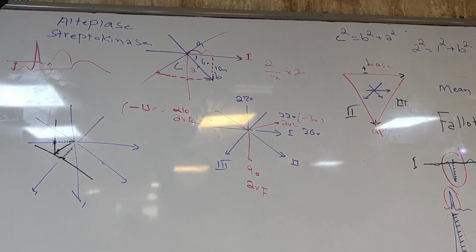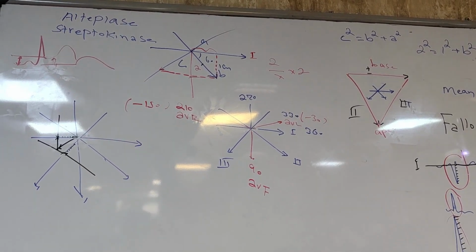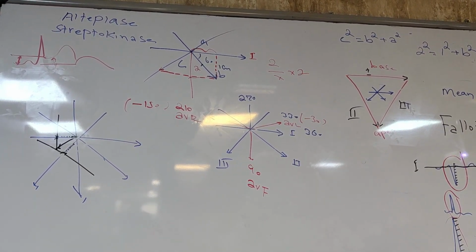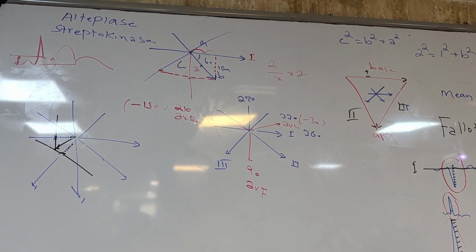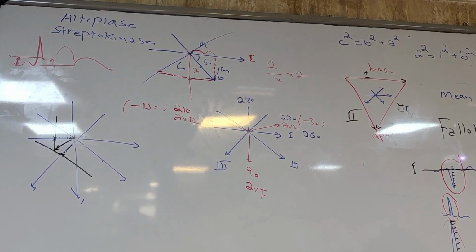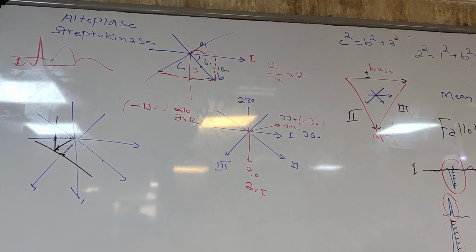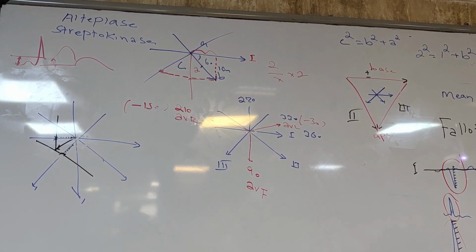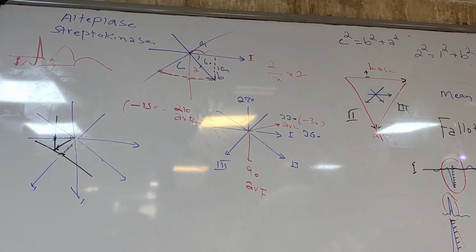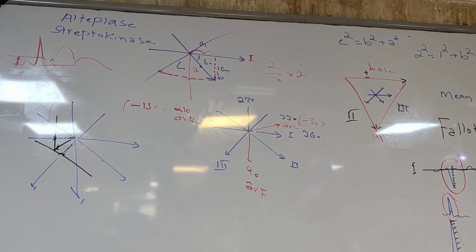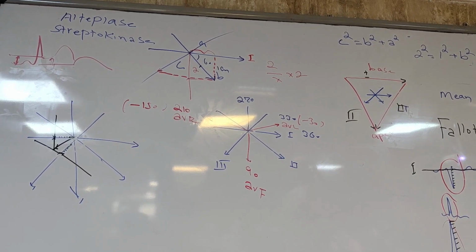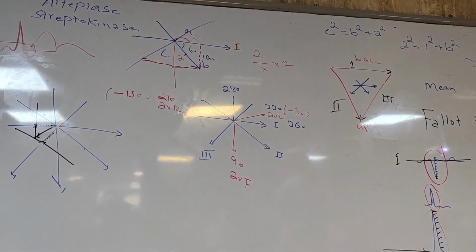If you inject alteplase, now it is used. Streptokinase is actually taken from a bacteria, streptococcus. It is called streptokinase, which can dissolve the clots in the coronary artery and in the brain.